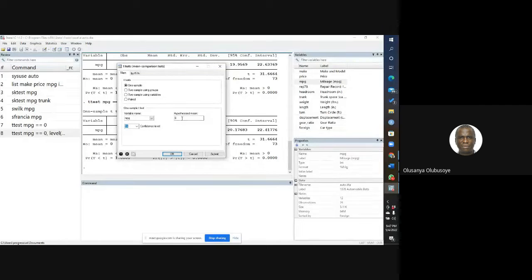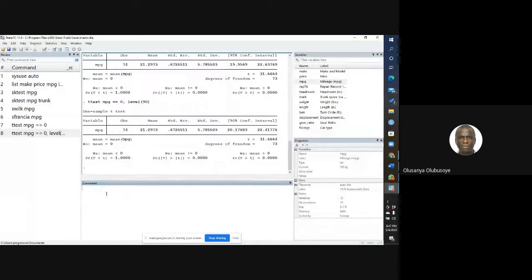Okay, before I leave this one sample, let me even assume that I want to test whether the population mean is equal to 20. So instead of 0, I'm testing whether the population mean is 20.